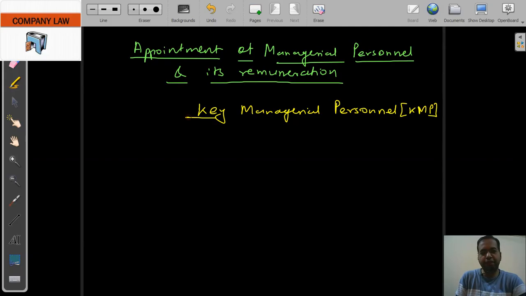This is a new definition which was introduced in the 2013 Act. So who all are the key managerial personnel? There is a set of different persons who are the key managerial persons in the company.